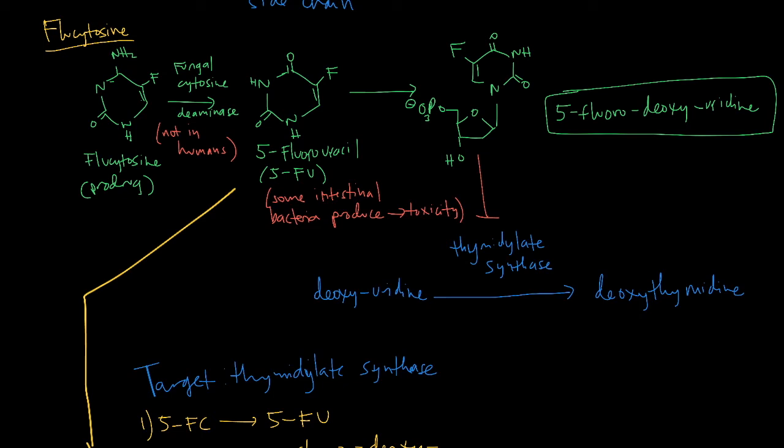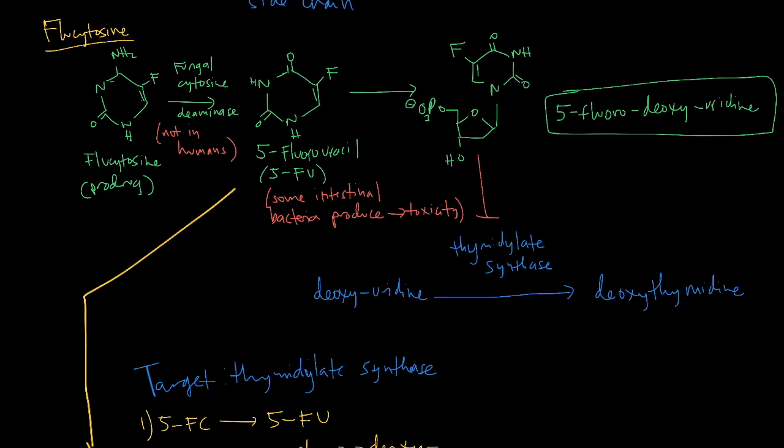After flucytosine, the prodrug, is converted to 5-fluorouracil, 5-FU, it's converted into 5-fluorodeoxyuridine. Now, it's actually 5-fluorodeoxyuridine that binds to thymidylate synthase. That's why I put it in the box right here, because it's not flucytosine that is the active moiety.